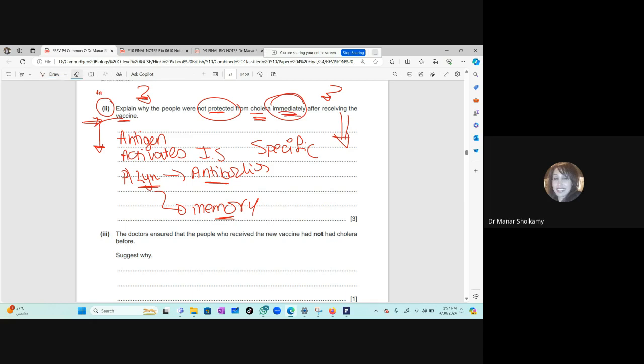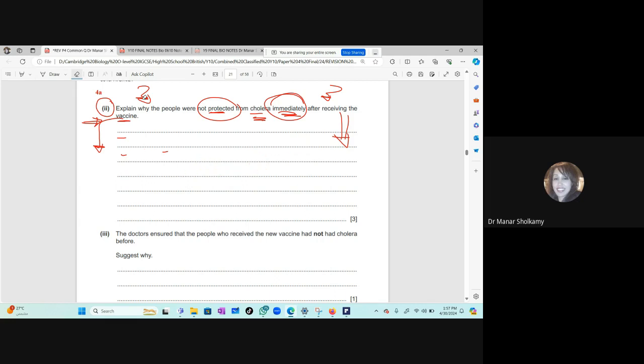How will you answer the question? You will mention what happens to your body when you take the vaccine, which is the same answer to what happens to your body when there is a foreign antigen. You will explain all the steps and you will simply write that this takes time. This will not be immediate acting. It has an advantage. It will provide you with long-term immunity, but it takes time.